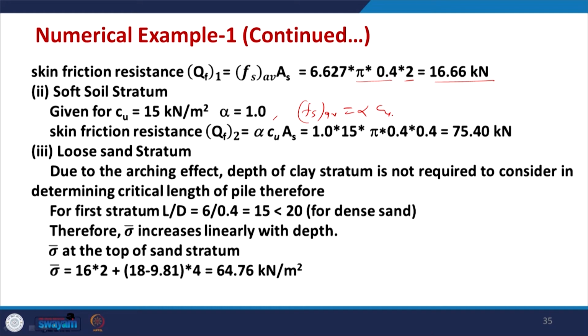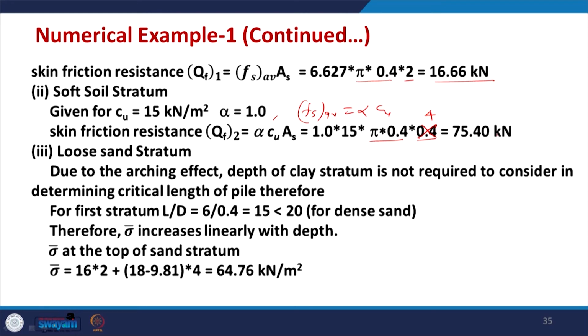Alpha value is given already as 1, Cu is 15. The area is pi into d into the thickness, and this 0.4 meter is, actually, sorry, this is wrongly printed, this should be 4 meter. So, it is pi into 0.4 into 4, which gives 75.40 kN.